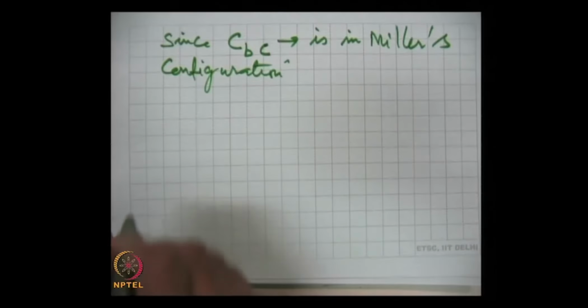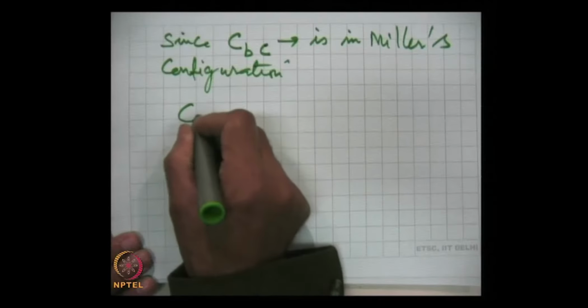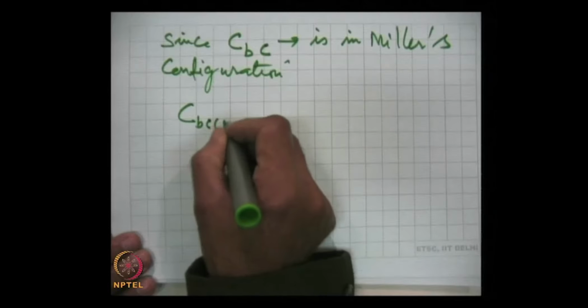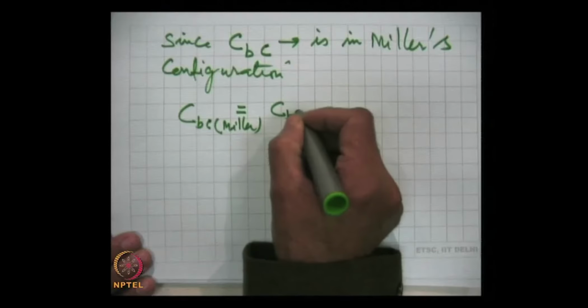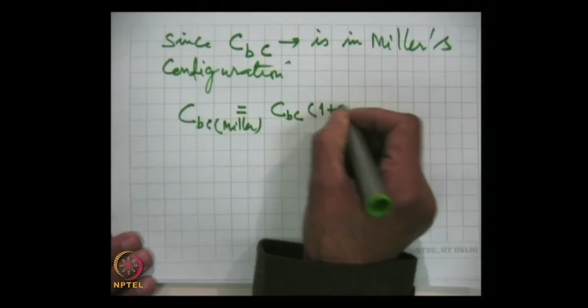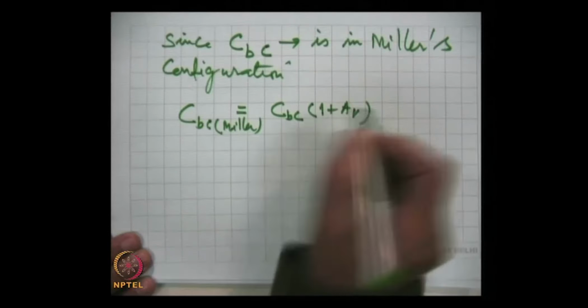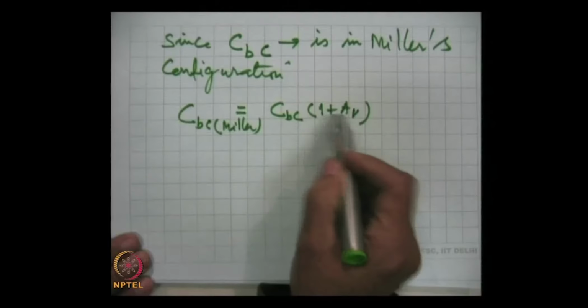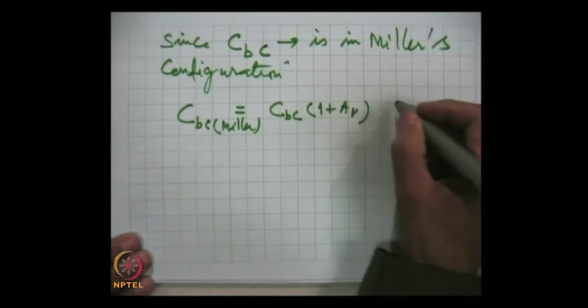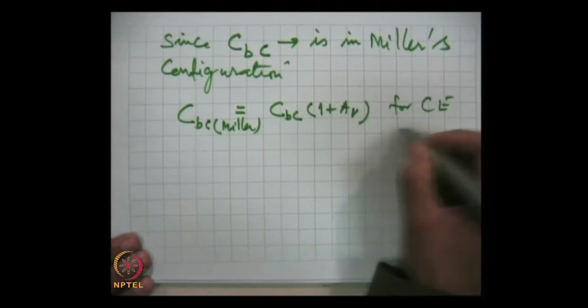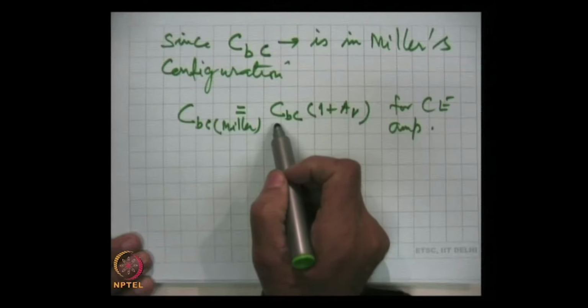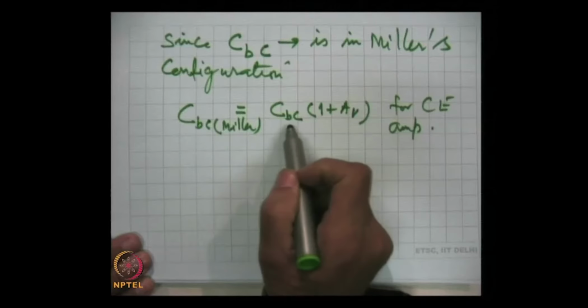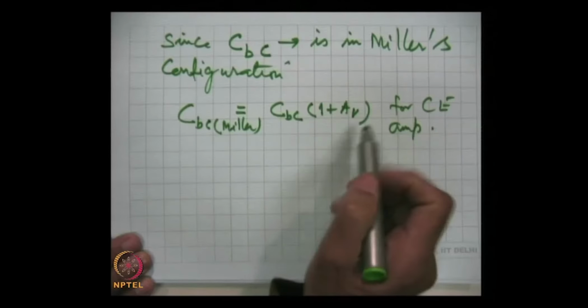It will come from Miller's theorem, and this is CBC Miller, this is equal to CBC actual capacitance multiplied by 1 plus AV, where AV I have taken for CE amplifier. AV is very large. If it is 80, this may be small, this is normally the small capacitance, but when multiplied by AV becomes large.